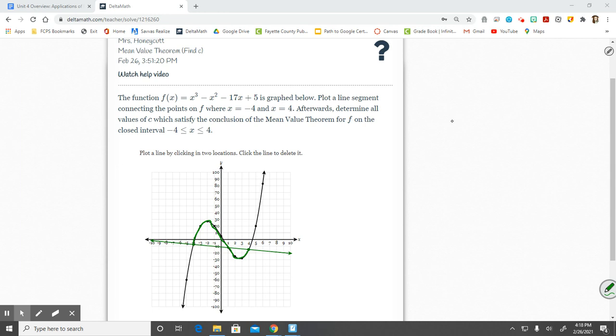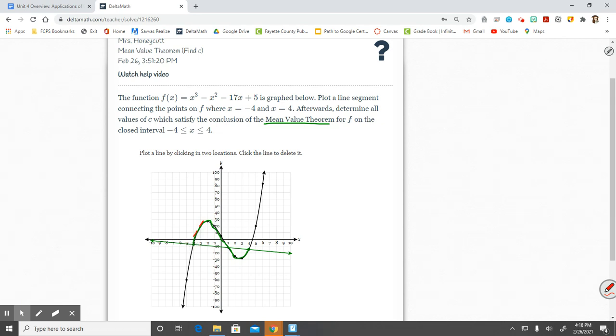Because this curve is continuous and differentiable on this green part, and we've calculated the slope from this end to that end, the mean value theorem says that there has to be at least one other point that would have the same slope. The derivative would have the same slope. If I draw tangent lines here, see how those slopes are different from the one that got plotted?